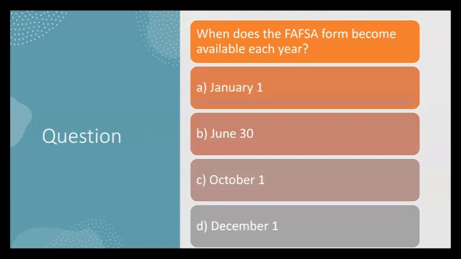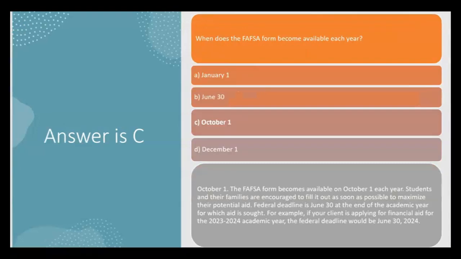All right, when does the FAFSA form become available each year? Is it January 1st? No. Is it June 30th? No. It's October 1st, letter C. FAFSA becomes available on October 1st each year. Students and their families are encouraged to fill it out as soon as possible to maximize potential aid.